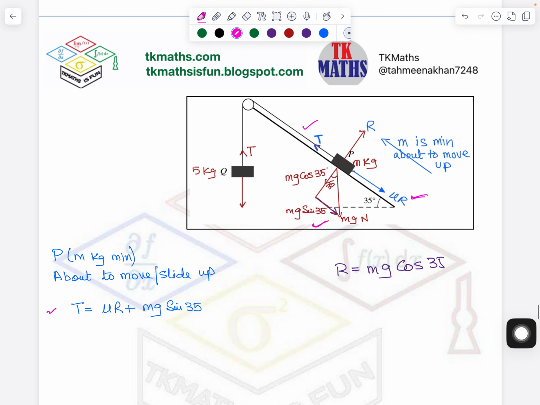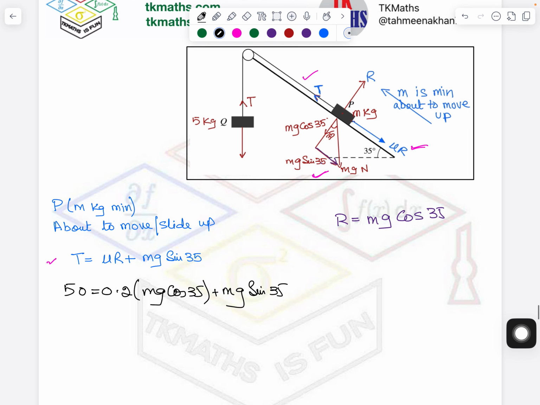Now again we will substitute the values here. T we already know is 50. Mu is 0.2 and R is mg cos 35. Now you pick up the calculator. I think you understand what I'm doing here.